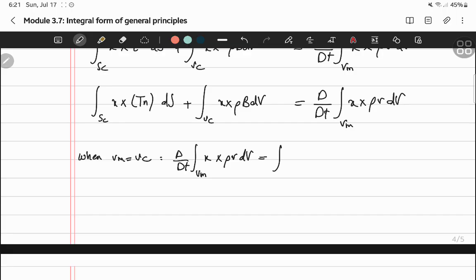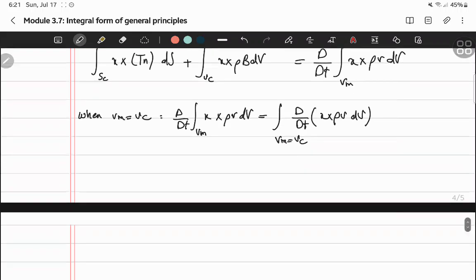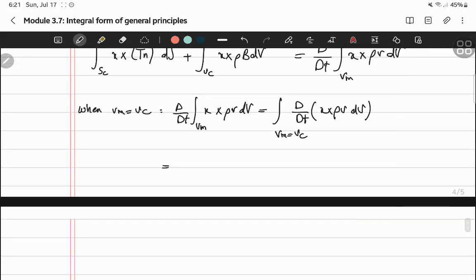So we'll have the integral on Vc of dx/dt cross rho v dv plus x cross d(rho v dv)/dt.